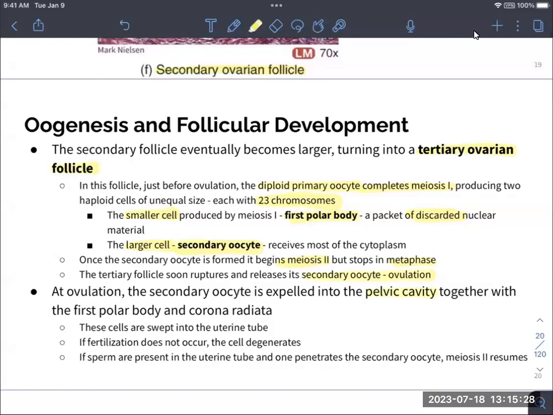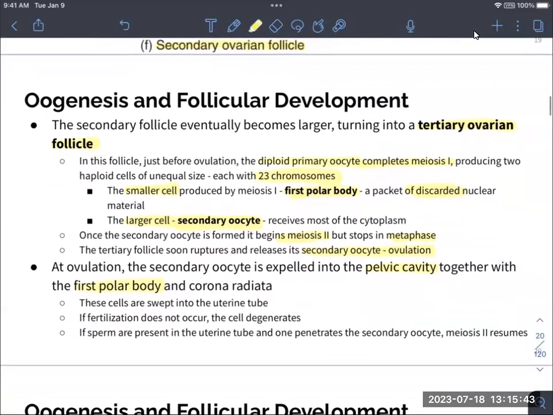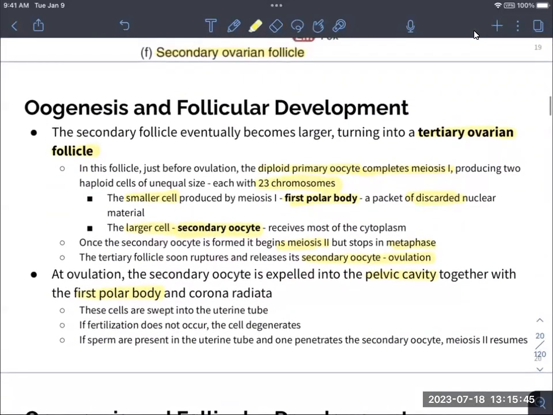It does get expelled with that first polar body, just because of all of these cells that are around it. When this oocyte in the middle goes through that meiosis 1, there's still all this other stuff around it. It also expels out that corona radiata.